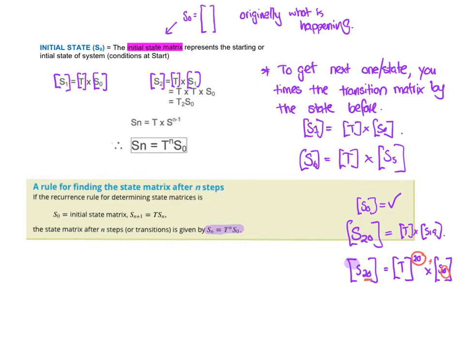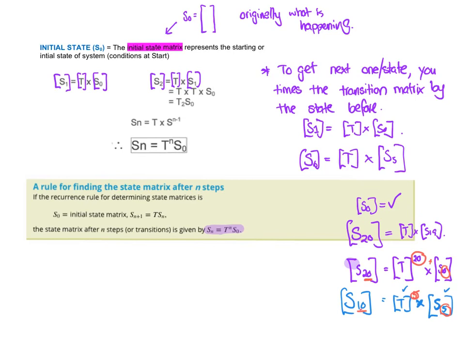So the reason I tell you that, because say you know your transition matrix, and you've also been given maybe state 5. So you've been given this and you've been given this, and they want you to find state 10. So if I want to find state 10, this number and whatever power needs to add up to that. So it would be the transition to the power of 5.